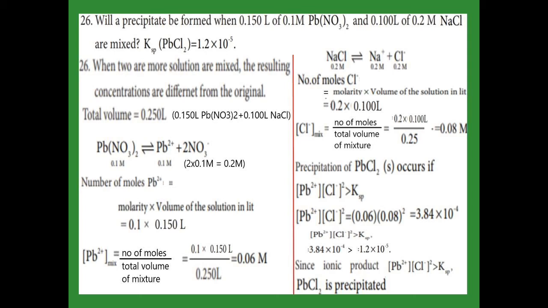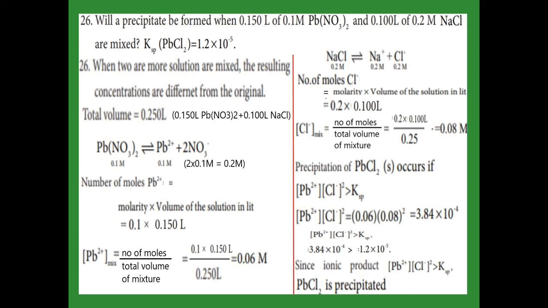The concentration of lead is the number of moles divided by the total volume of the mixture. We already know the number of moles, 0.1 times 0.150 liter, divided by the total volume, not the individual volume of lead nitrate. So 0.25 liter, and we get the answer 0.06 molarity for Pb²⁺ in the mixture.